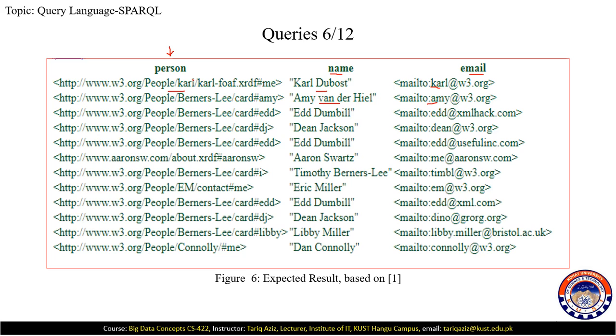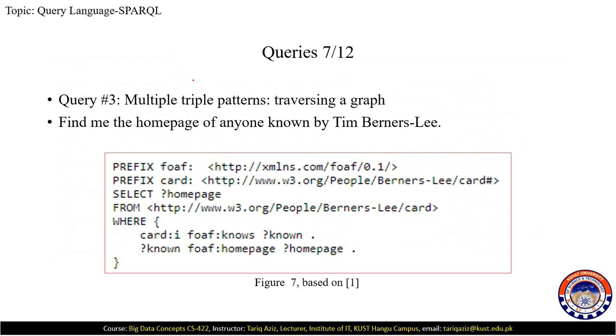Okay, now dear students, the third query. In this query we are also using multiple triple patterns, but this time we want to traverse the graph. What we want to find is the home page of anyone known by Tim Berners-Lee. So the query will look like this. In this case, we are using two resources.